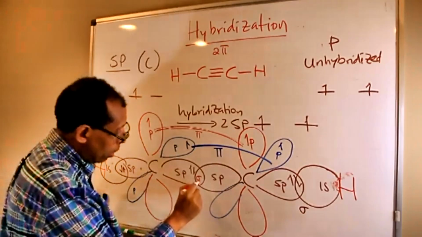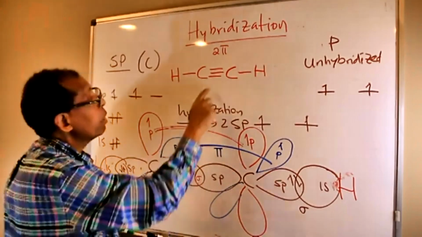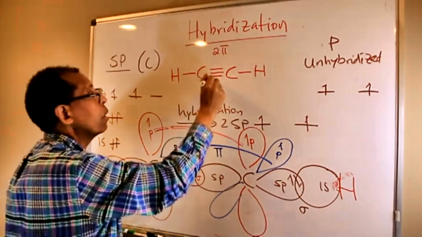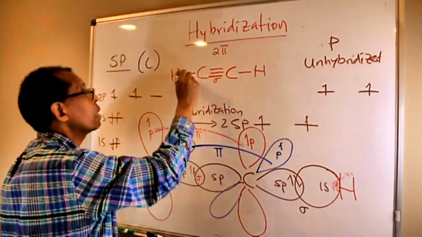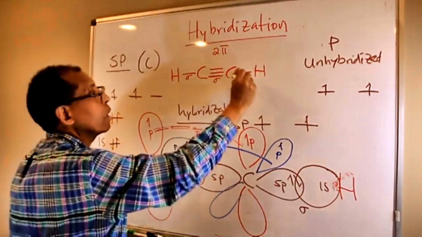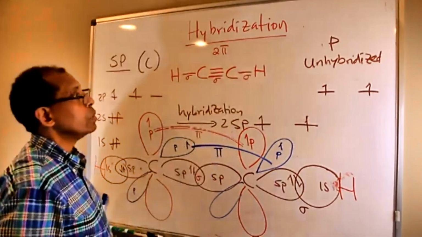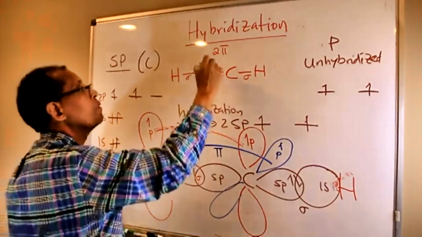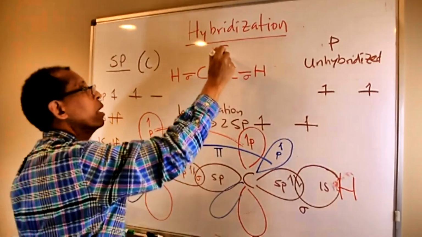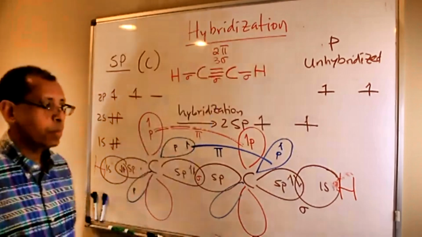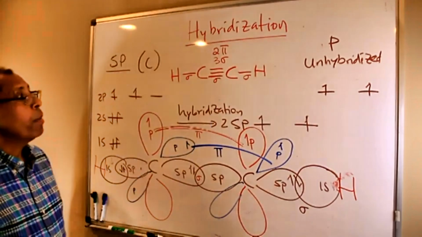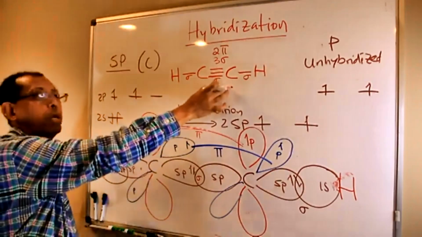And the sigma bond, which is the hybrid sigma bond here, and this is another sigma bond, and this is another sigma bond. So this molecule, acetylene, would have 3 sigma bonds and 2 pi bonds. So this is how sp hybrid orbitals make up a triple bond.